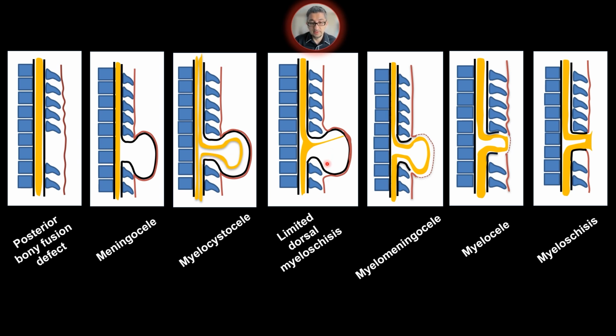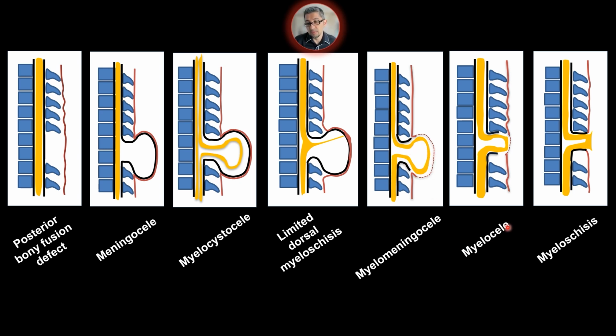And in limited dorsal myeloschisis, there is a covering skin and a skin lesion, and this skin lesion is attached to the spinal cord with a fibroneural stalk, and there is typical dorsal tenting of the spinal cord. In myelomeningocele, there is no covering skin. There is herniation of the neural elements along with the CSF spaces.